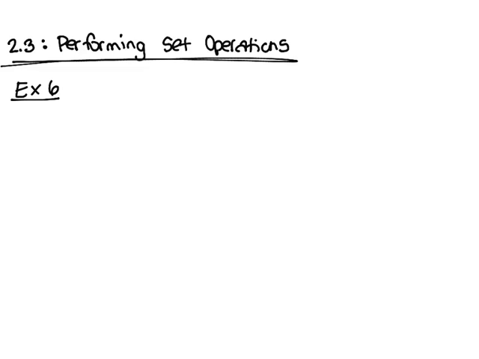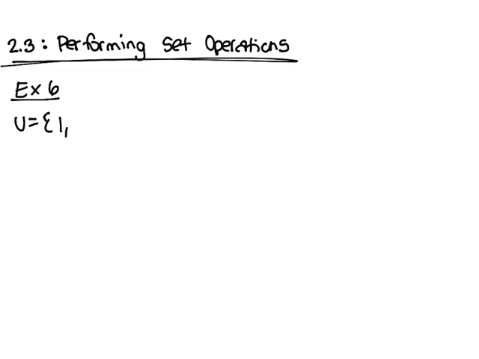So do we want to set it up as a Venn, or do y'all want me to just use the roster method? What do you think? Do y'all want to see it placed in a Venn to help with actually doing the operation? Okay. So let me write this.